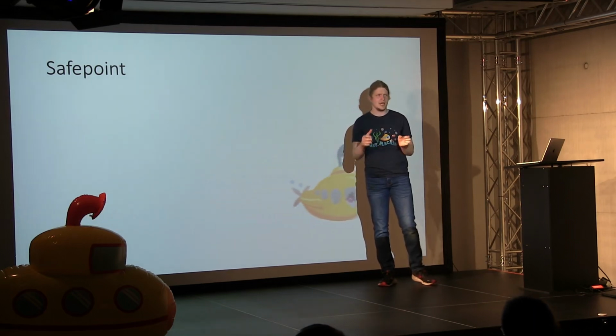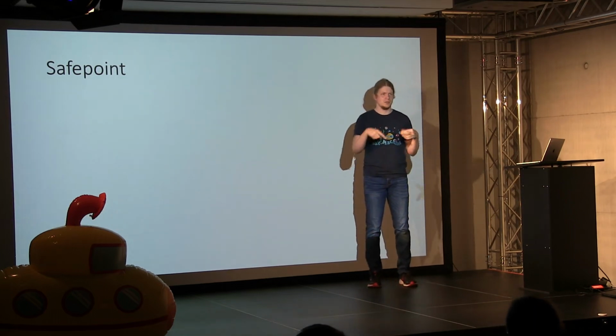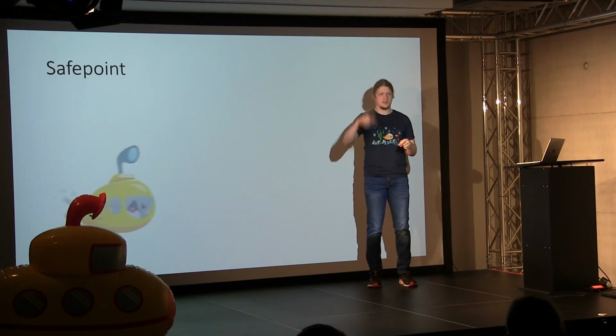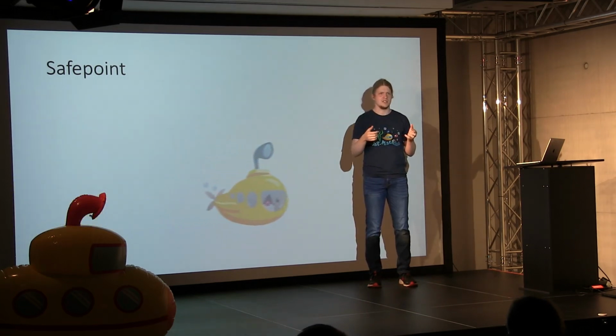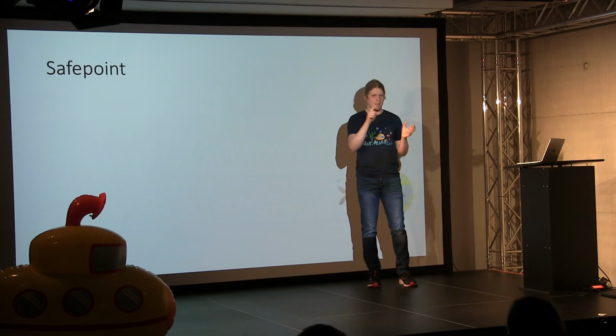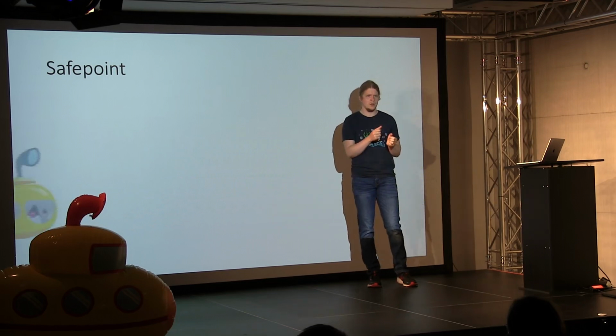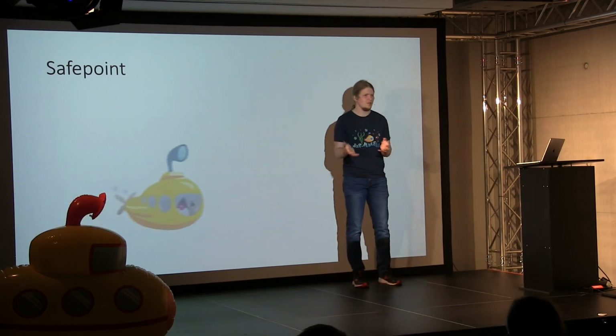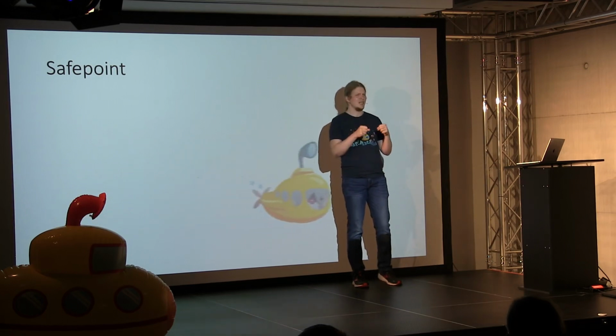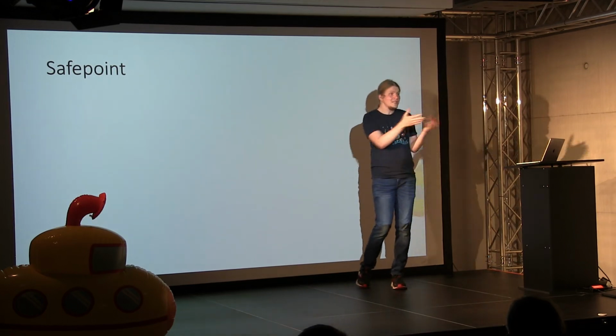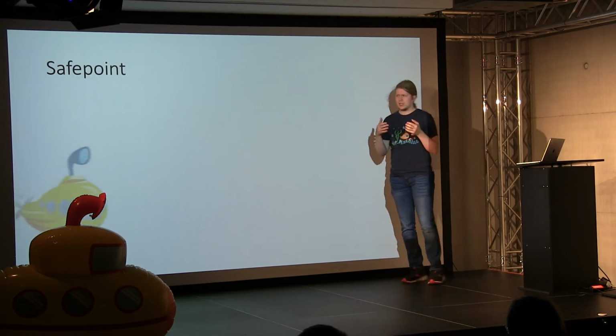It's essentially like when you're implementing a thread with a loop and you want to stop it, you usually have this pattern of setting a boolean variable, like an atomic variable, for example, that you can switch on and say, hey, please abort this thread or please hold it currently. So that's a safepoint.